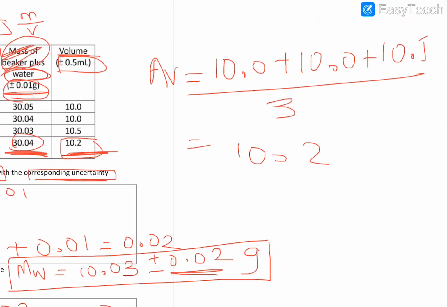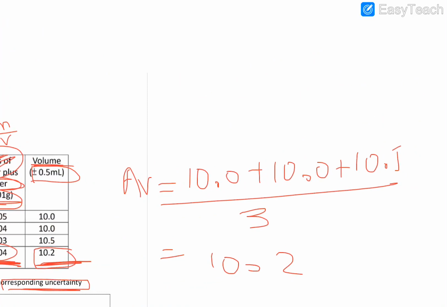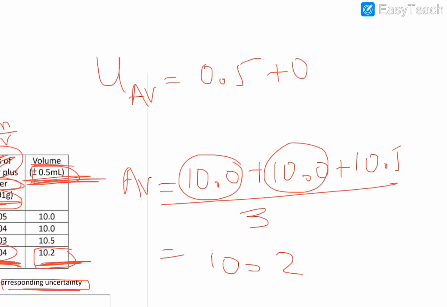So the uncertainty, because we are adding, so addition or subtraction, the uncertainty in average volume would be, so in this value, uncertainty is 0.5 because it's given here. For this value, it's 0.5, and for this value, it's 0.5 again.